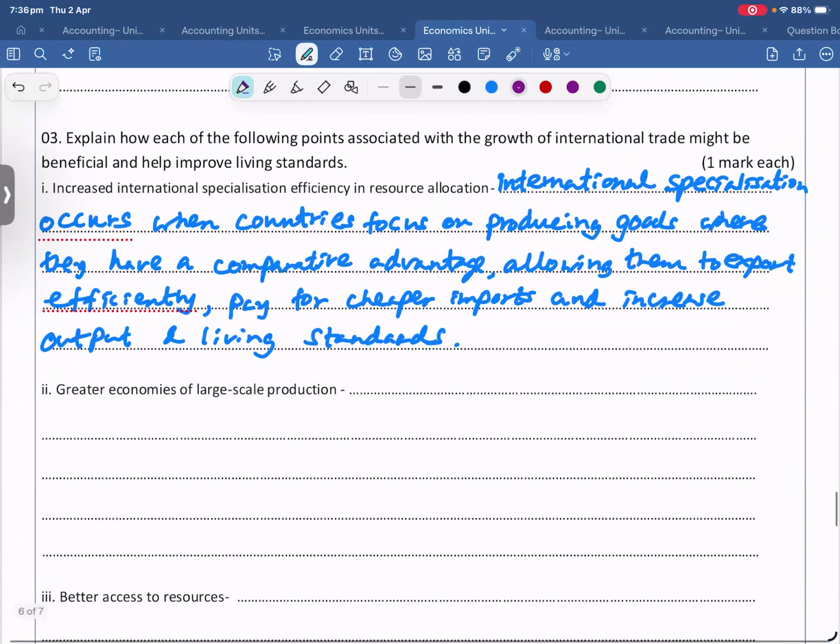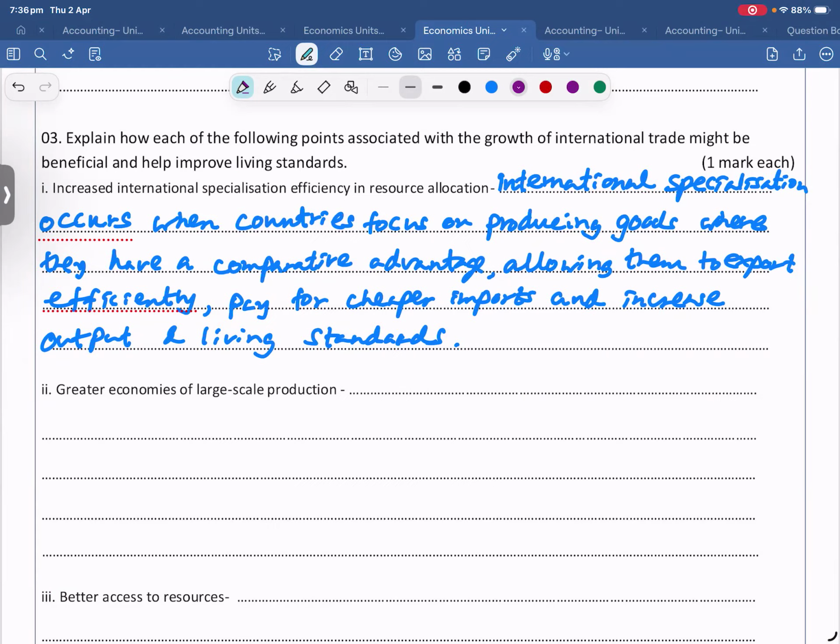Would this one impact international trade and improve living standards? First of all, what about the first one? When international specialization occurs, what will happen? Countries will focus on doing what they are better at.